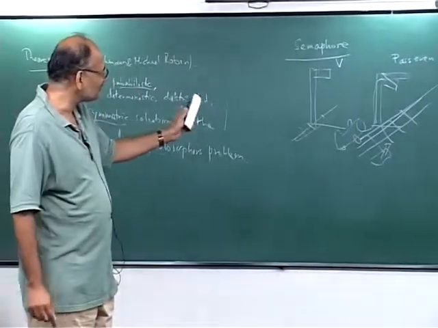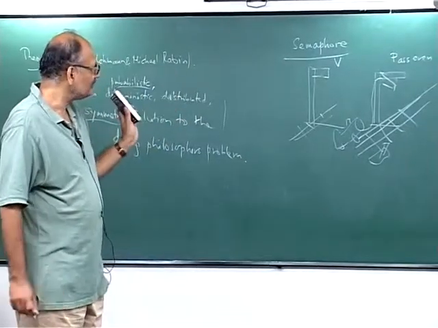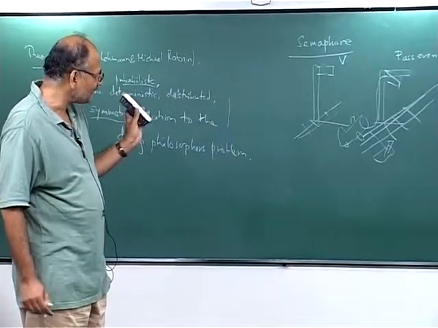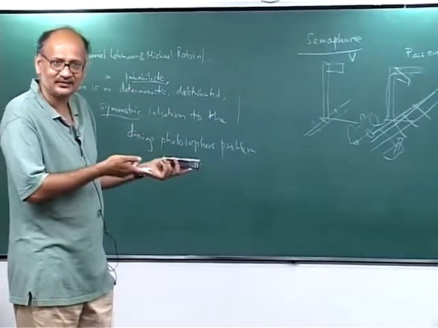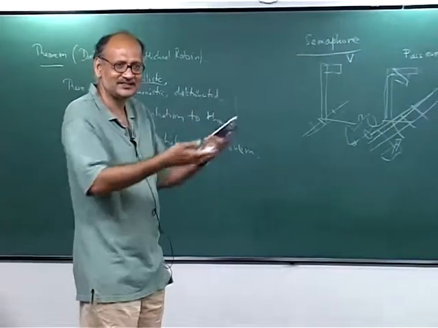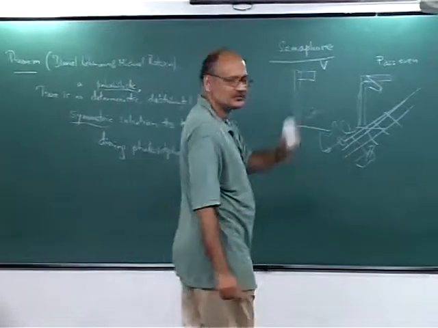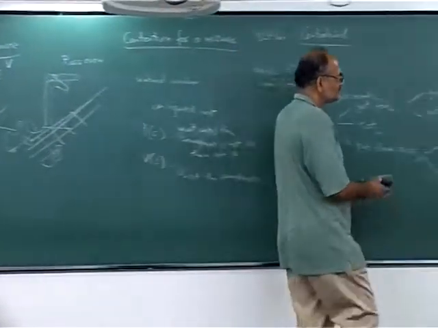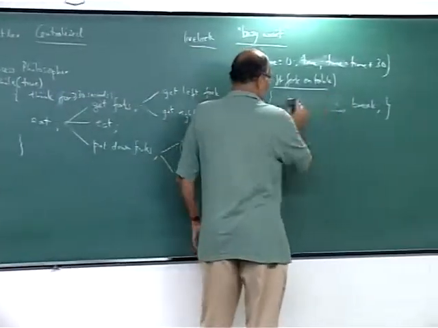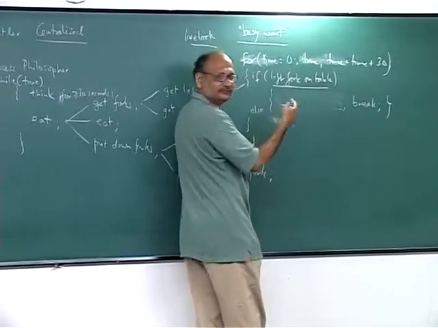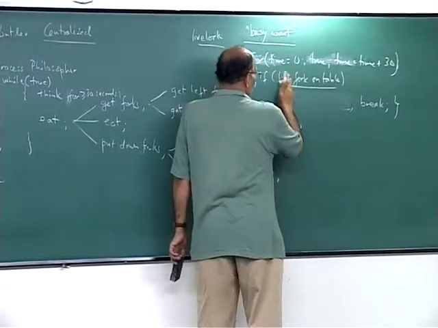Anyway, Dijkstra used this metaphor of a semaphore, or a train passing on a single line section, to actually solve this problem. So he said basically there is a semaphore for each fork.